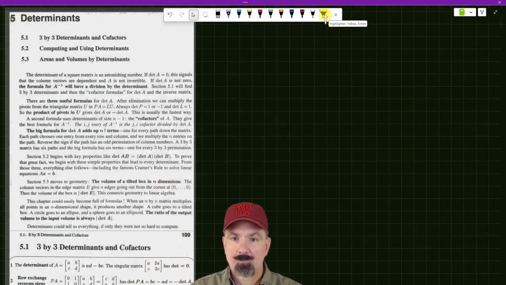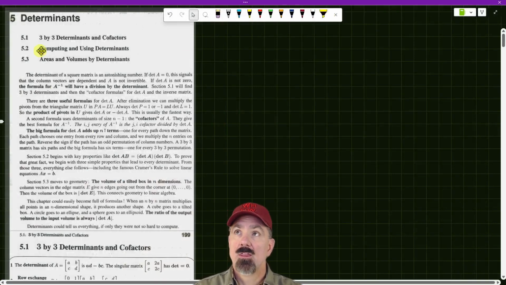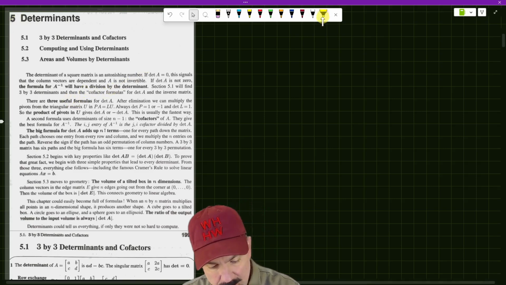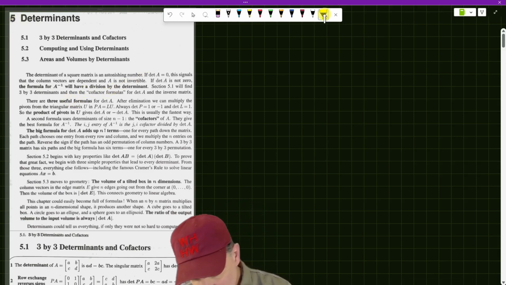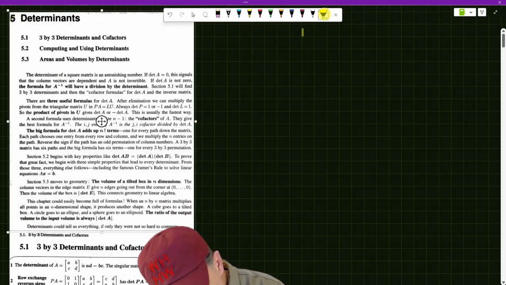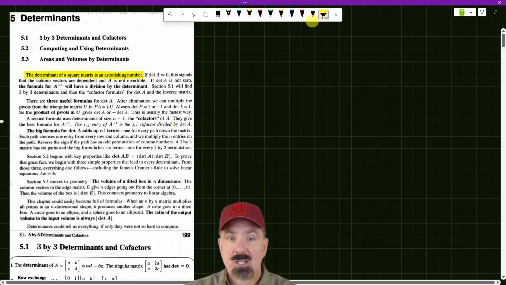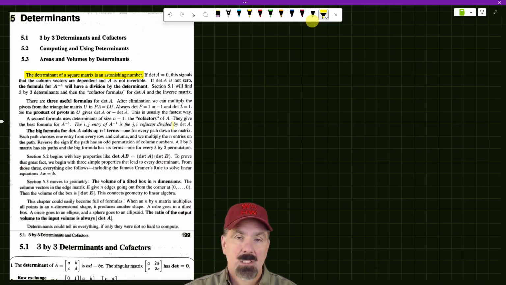So to start, we're going to look through the chapter introduction here. This is the Chapter 5 introduction, and I just want to make a couple of highlights for you. The first one is the fact that, sure enough, the determinant is an astonishing number, but at the same time, it isn't necessarily very useful for us.